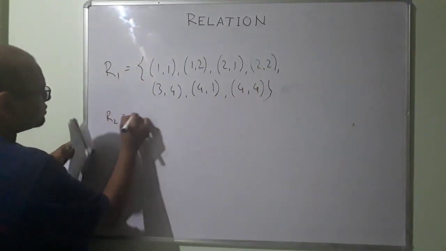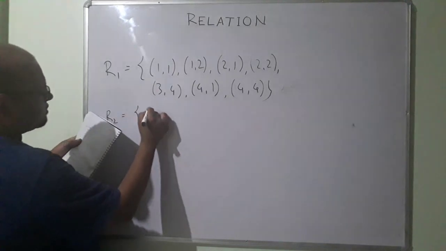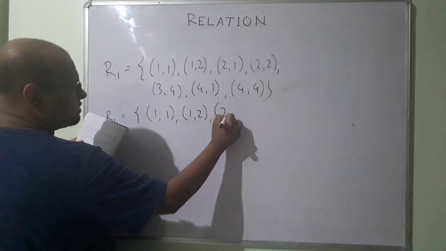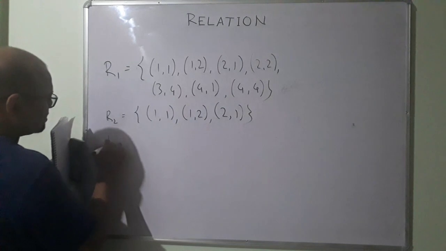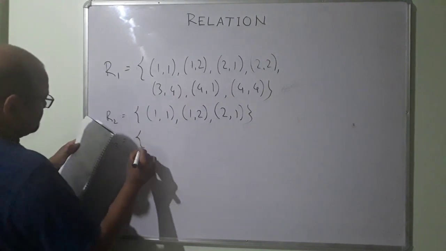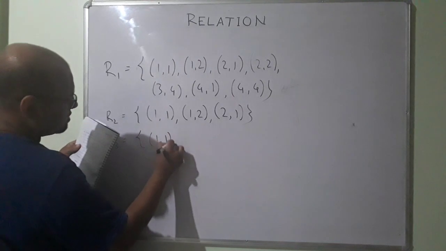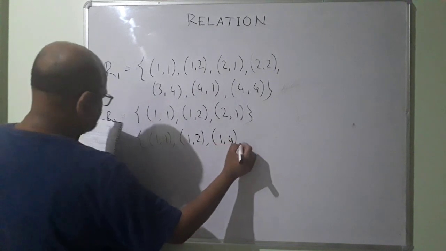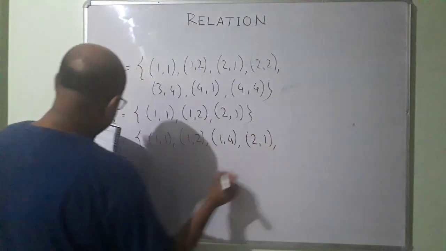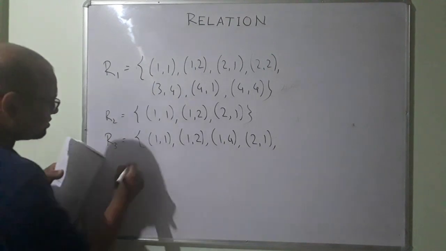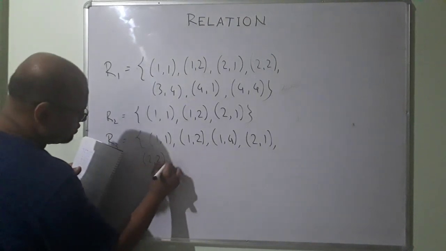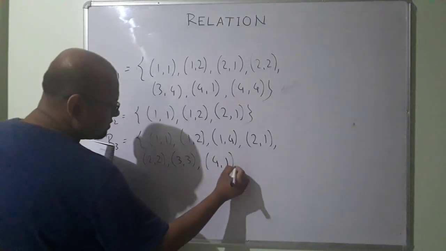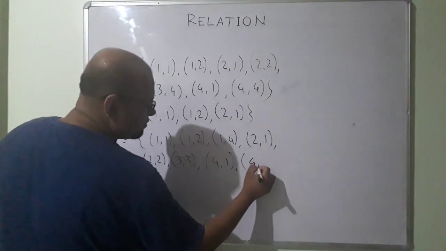Then another relation R2 consists of 1 1, 1 2, then 2 1. Then R3: 1 1, 1 2, 1 4, 2 1, 2 2, 3 3, 4 1 and 4 4.